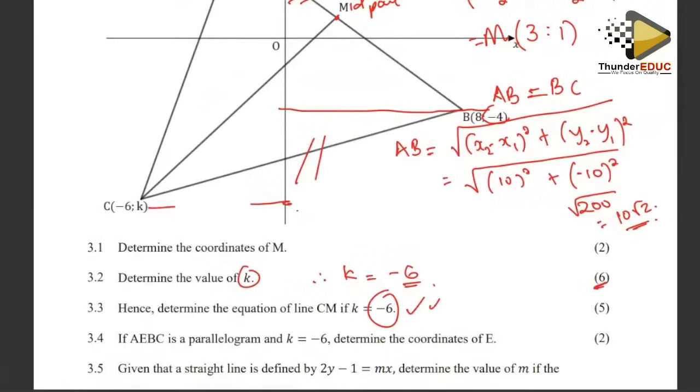Okay, the equation. So we saw that M is (3, 1), and then C is (-6, -6). Okay, so they want the equation.